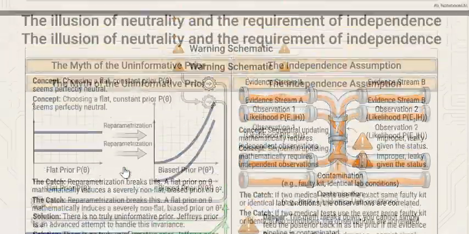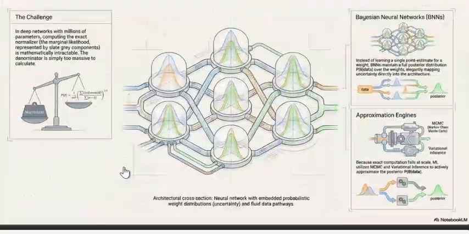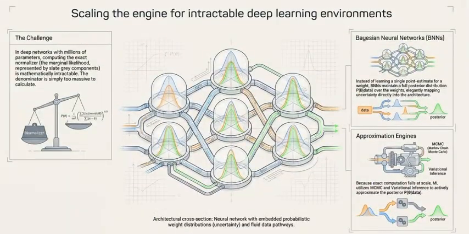Now, why are we studying this? What is the ML connection? In MAP estimation, we use Bayes theorem: maximum a posteriori is the argmax of the probability of theta given data, which equals the argmax of the probability of data given theta times the probability of theta.